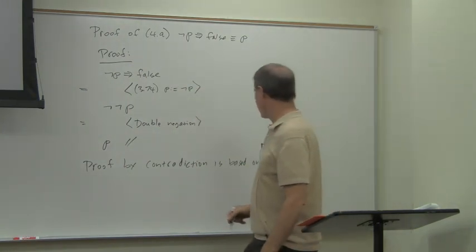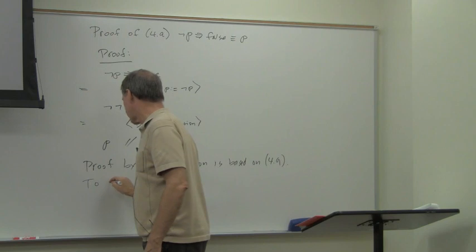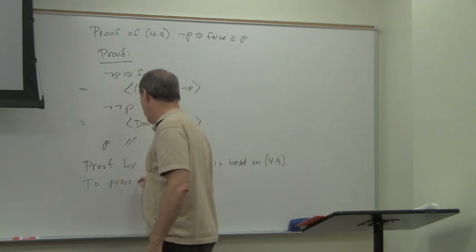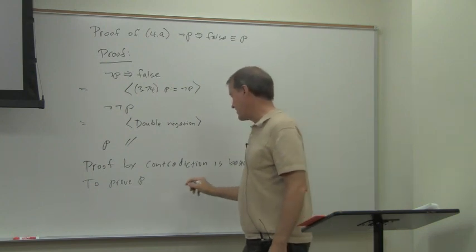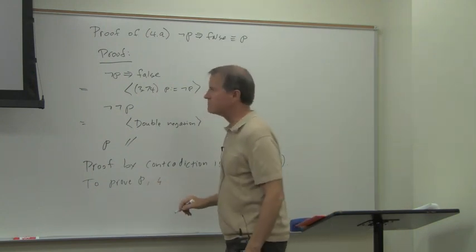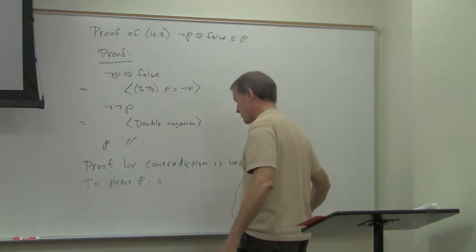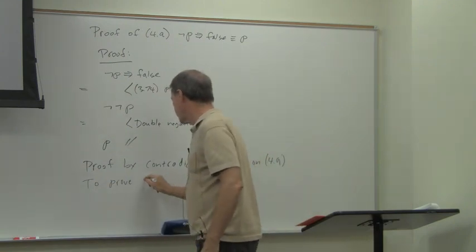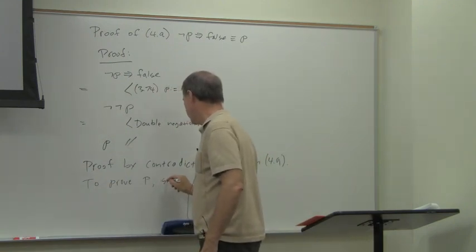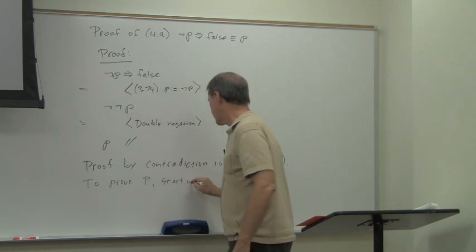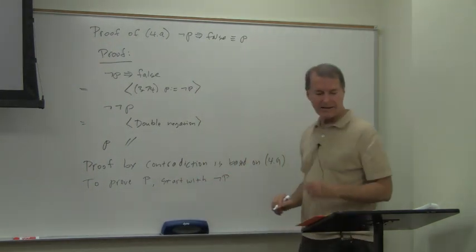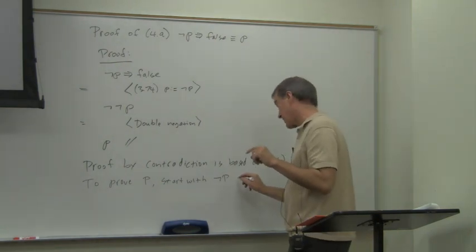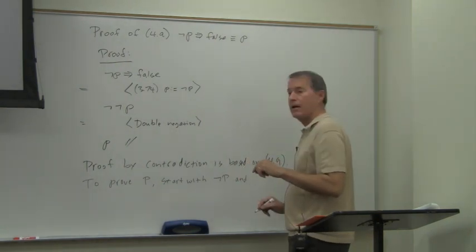So to prove P, the way it works is like this. To prove P, start with not P and get it to imply false. So the first line of the proof is not whatever.